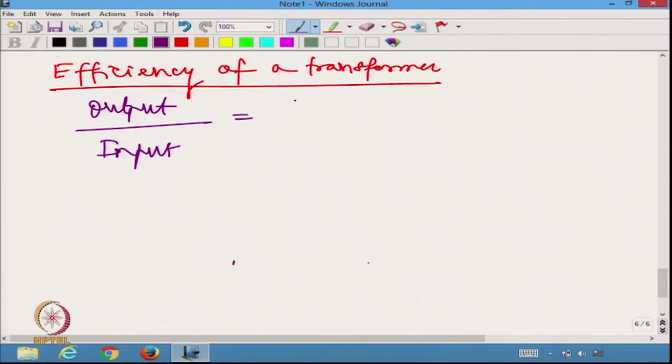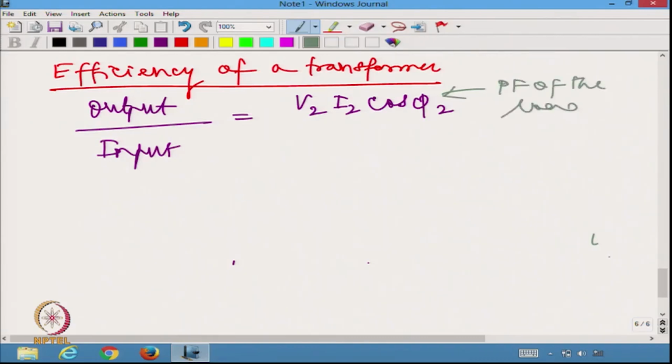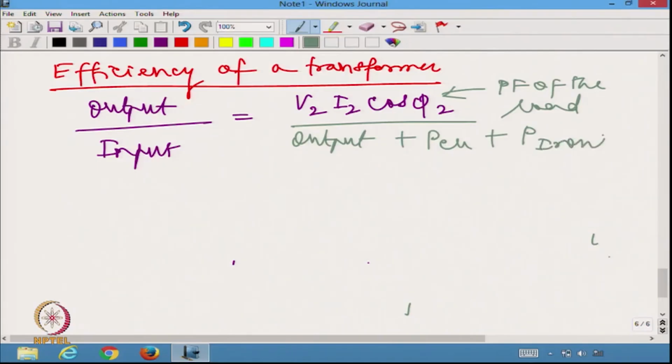So, output, let me write this as V2 I2 cos phi 2, where cos phi 2 is actually the power factor of the load, divided by, again I am going to have output plus PCU plus P iron. So, the iron losses and copper losses need to be added so that that makes up for the input, right.